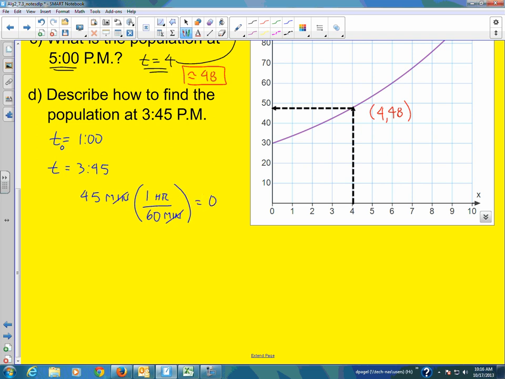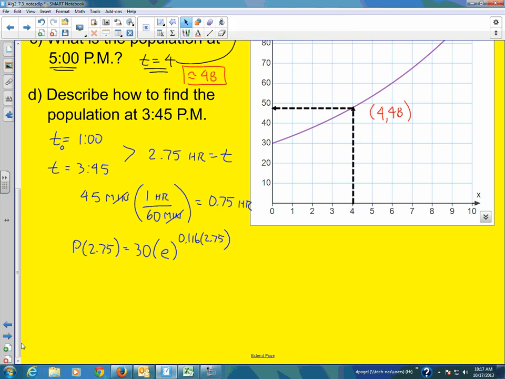And we get 0.75 hours. So this would represent a difference of 2.75 hours, which would become the t value that I would plug into my equation. So I could plug in 2.75. And then from there, I would be able to get the population growth at 3:45.